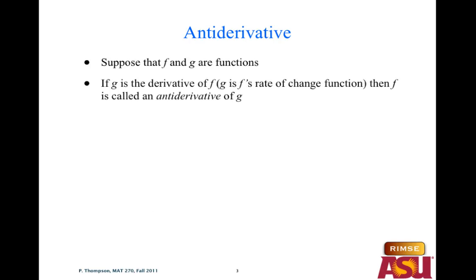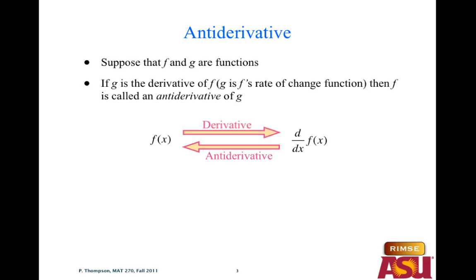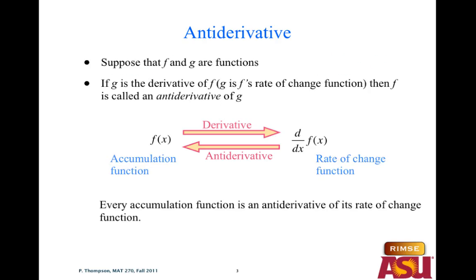Okay, so if g is the derivative of f, then f is called an antiderivative of g. The derivative of f is the rate of change of f with respect to x. An antiderivative of the rate of change is f again. So every accumulation function is an antiderivative of its rate of change function.